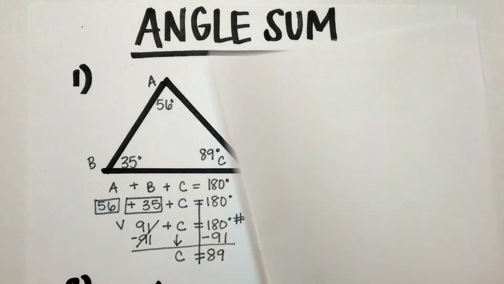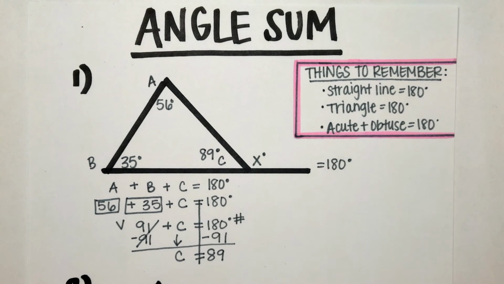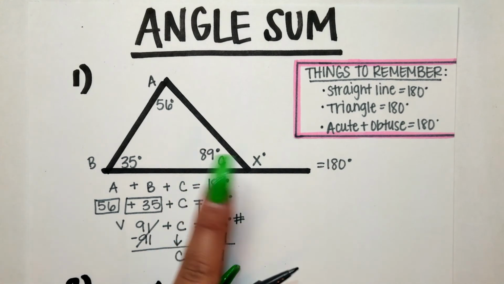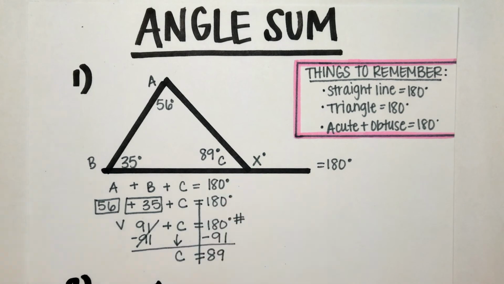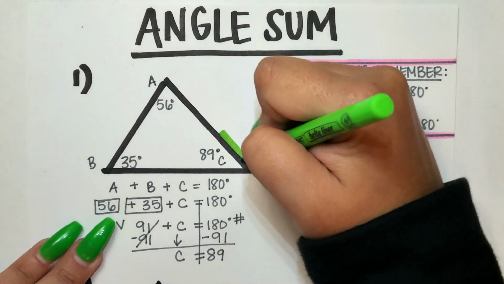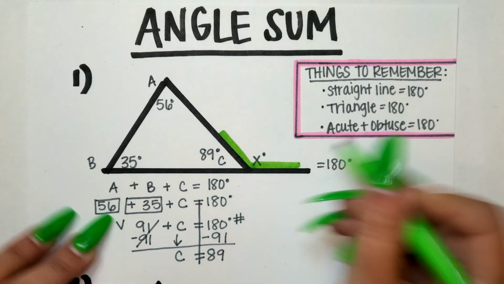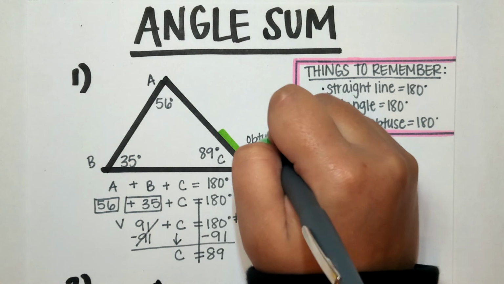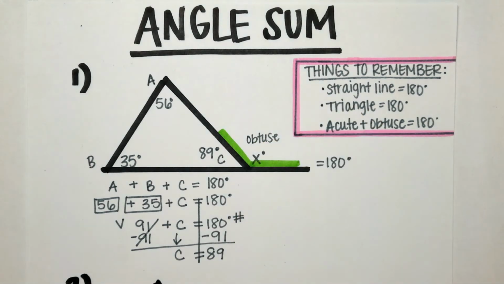So now I'm going to move my paper. So now I know the inside angle and I'm trying to figure out the outside angle. So my outside angle is obtuse. So I know that that angle is going to be bigger than 90 degrees.